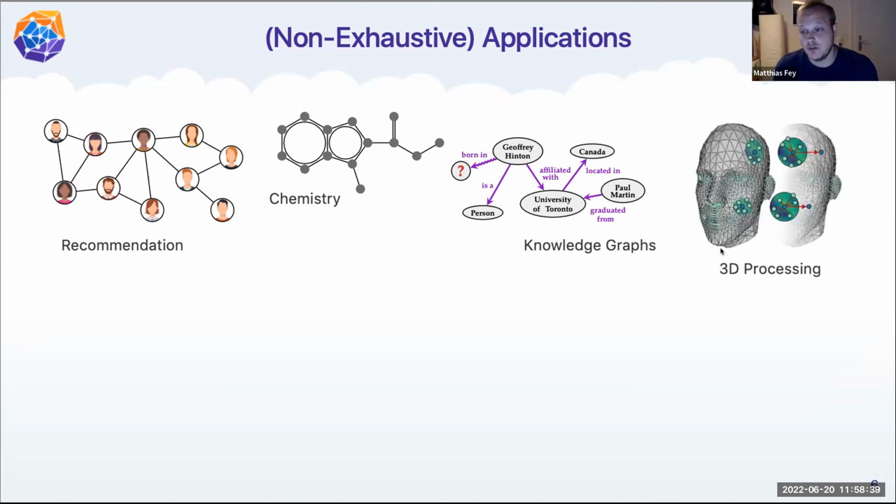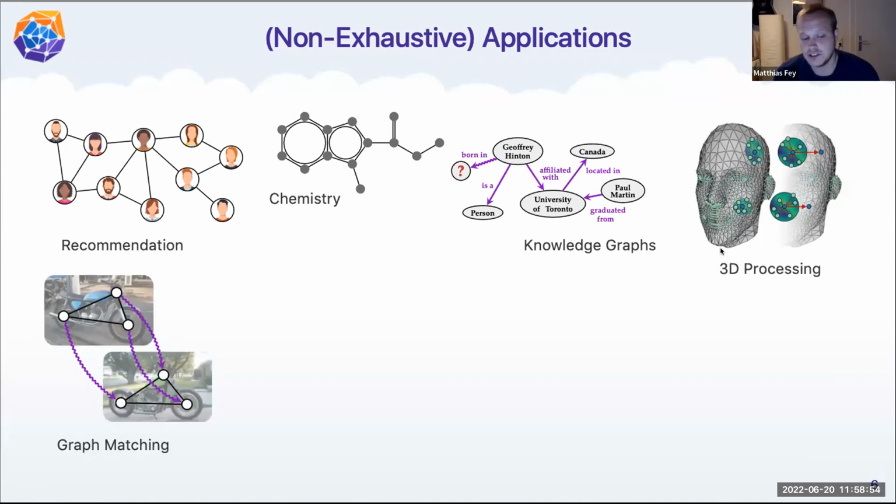For computer vision, we see them also used in 3D processing, where we learn local patterns of geometry, for example, given as mesh-like data or given in the form of point clouds and so on. We also see them used in graph matching, in particular for the task of keypoint matching, where we're given a set of keypoints per image, and the task is now to find correspondences between keypoints in different images.